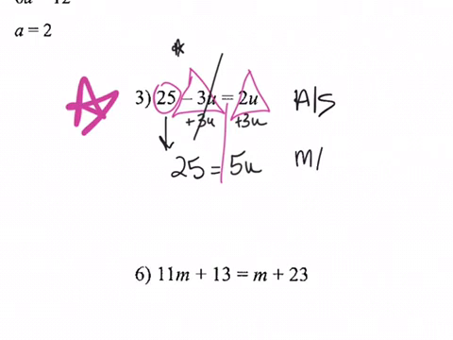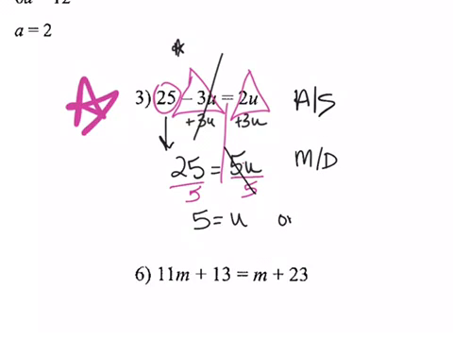Then I'm going to multiply or divide second. Last step, divide, since that's being multiplied. So 25 divided by 5, 5. So 5 equals u, or u equals 5, same thing.